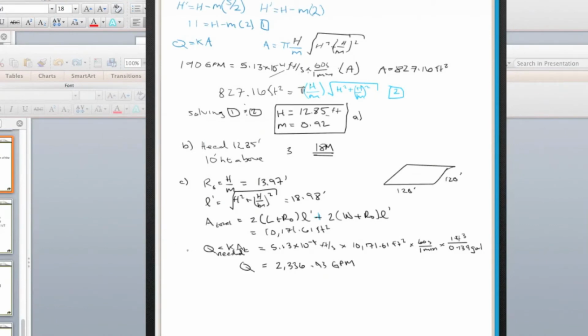That's what we needed for part C. Okay, so we can do a couple things here. It kind of depends on your assumptions and a few other things. But we're going to make the assumption for this problem that we're going to use the pumps from the initial drawdown and add some pumps.